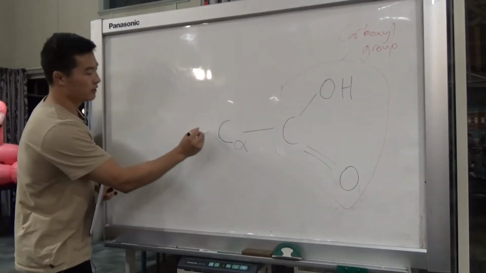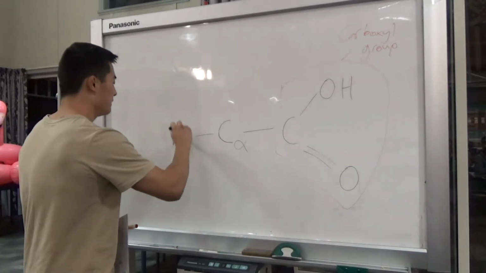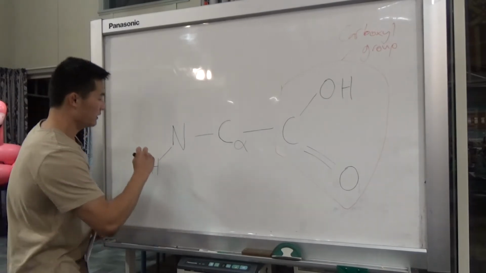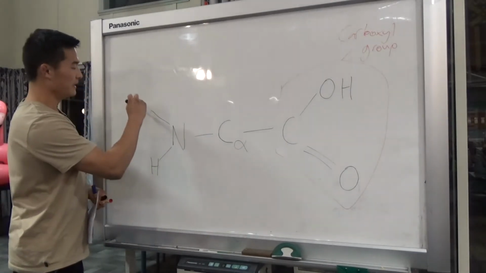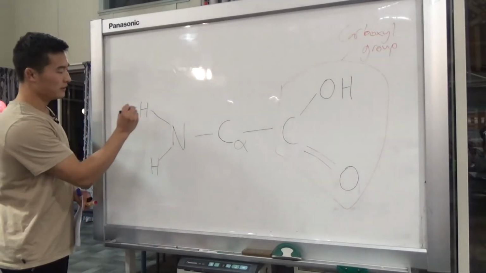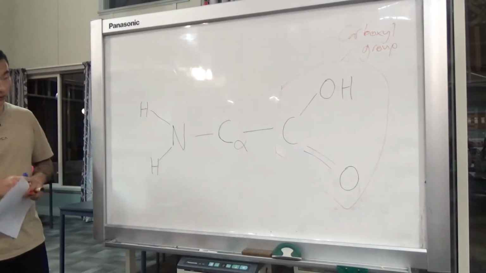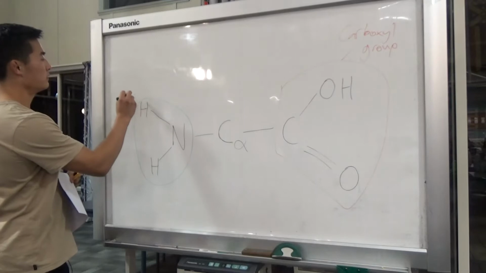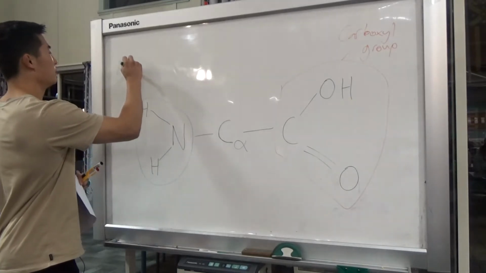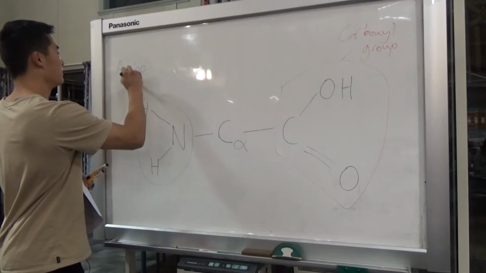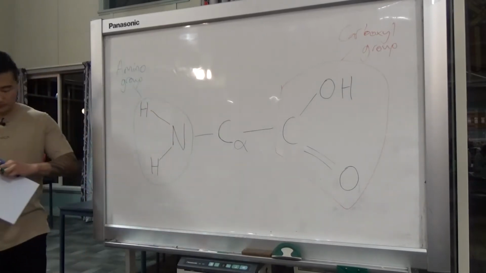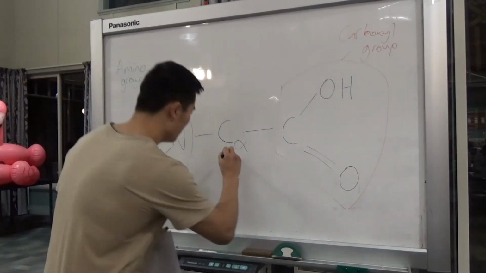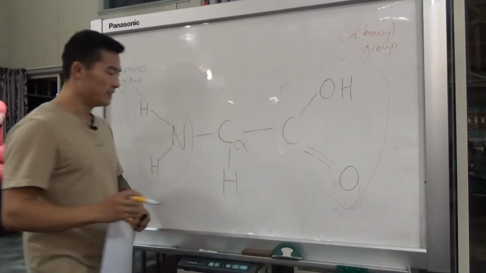And then on the other side, you're going to have a nitrogen, and this is your amino group. If it's neutral, it's going to be connected to 2 hydrogens. And then the alpha carbon is also connected to 1 hydrogen atom.